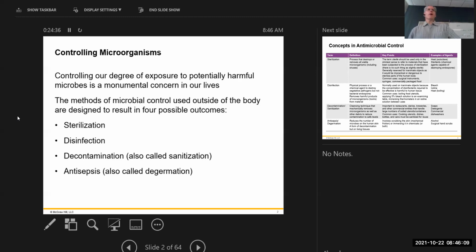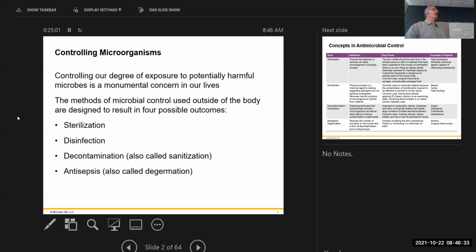So we're now going to embark on a discussion of how to make sure that you control microbe numbers. This is going to be a huge part of what you will do as nurses. There's something that you'll have to respect a great deal when you're working, this thing called sterile fields. So let's say, for example, you're going to put in a Foley catheter.